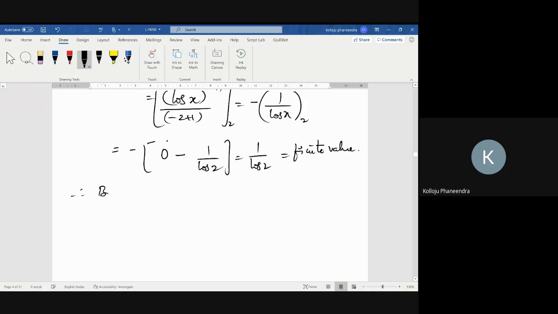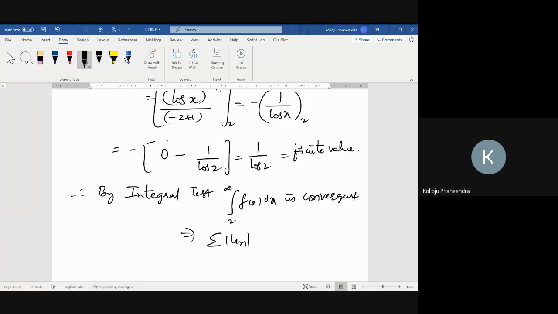Therefore, by integral test, sigma mod un is convergent. You write like this, one more step: by integral test, integral from 2 to infinity of f of x dx is convergent. That implies sigma mod un is also convergent.